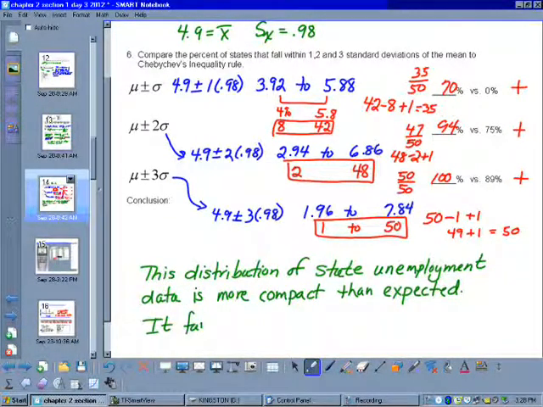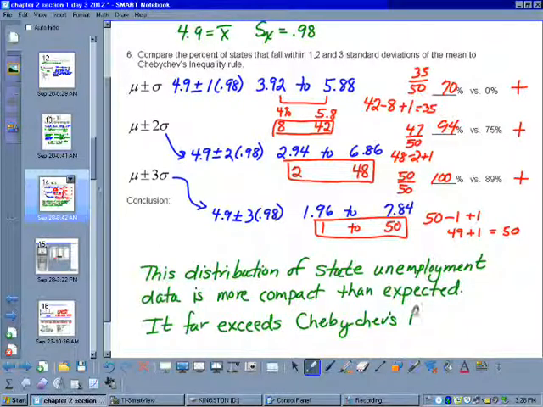It far exceeds Chebychev's rule. So it is better than most data sets as far as its symmetry.